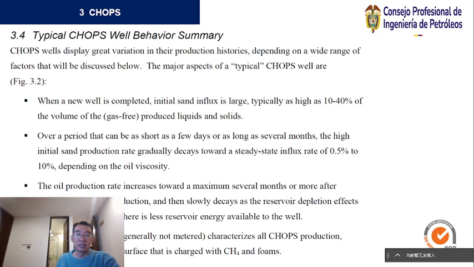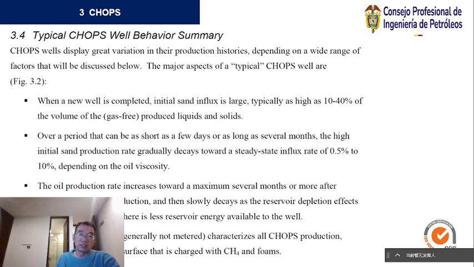The high initial sand production rate gradually decays toward a steady state influx rate of 0.5% to 10%, depending on the oil viscosity.